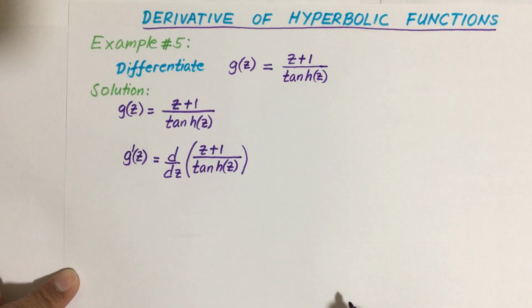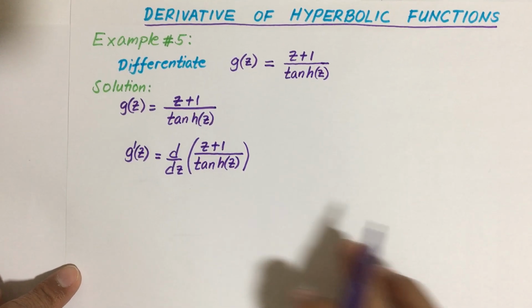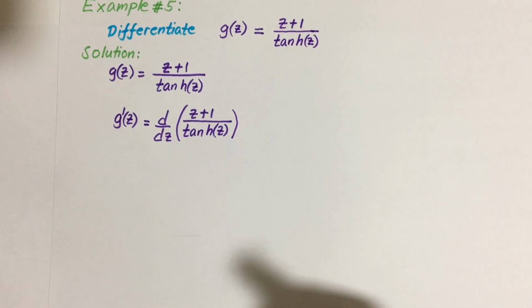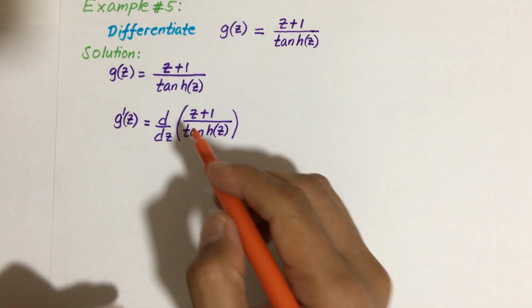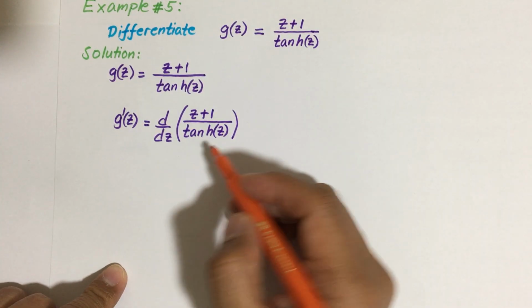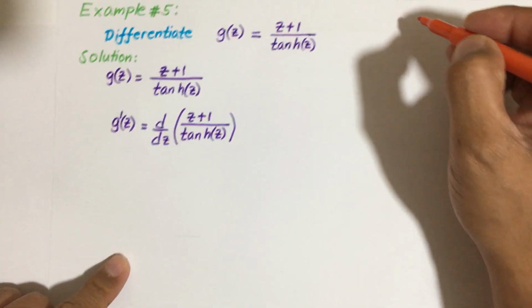Okay, so how will we solve this problem, class? We are going to use the formula we call the quotient rule.